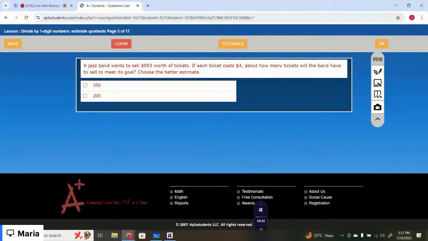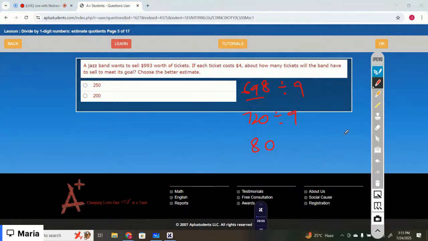So, which is the correct option? 993 divided by 4. It would be rounded off to 1000, right?